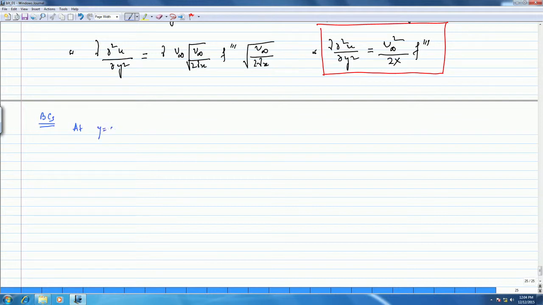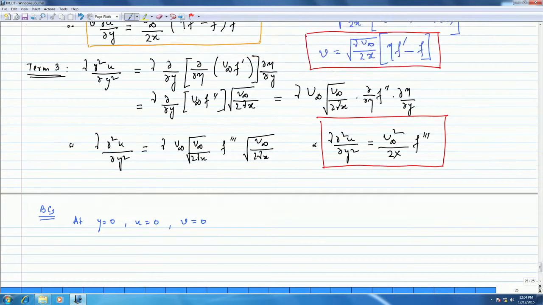Now, at y is equal to 0, u is equal to 0 and v is equal to 0. So when I say convert these also to the similarity variable, basically how exactly does this relate, because now I have converted my equations to f and eta and x. So then what do I do now?